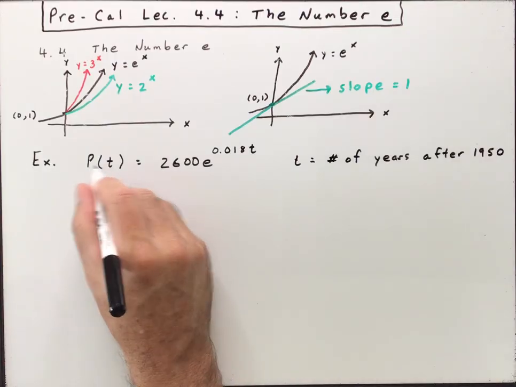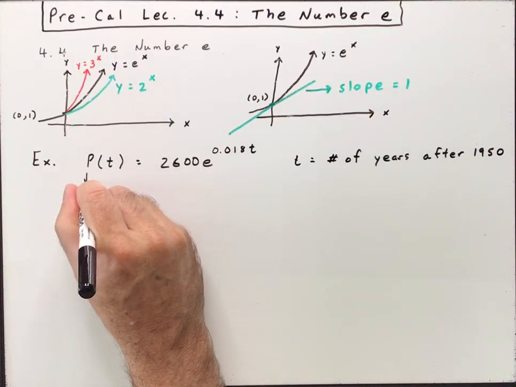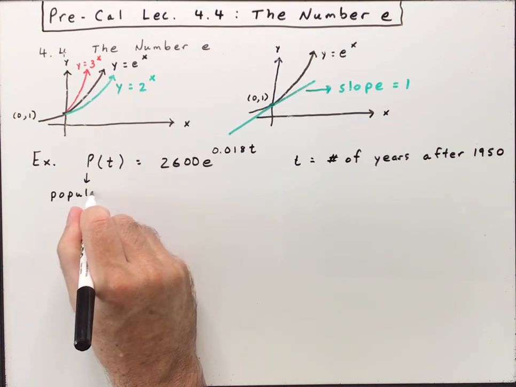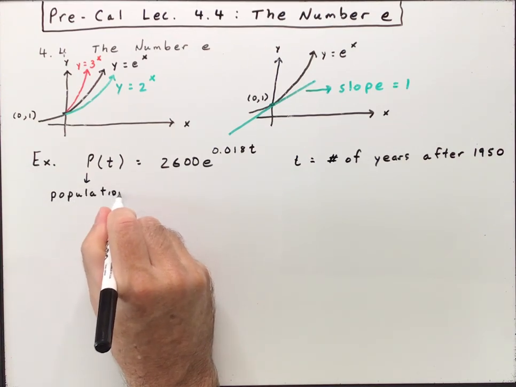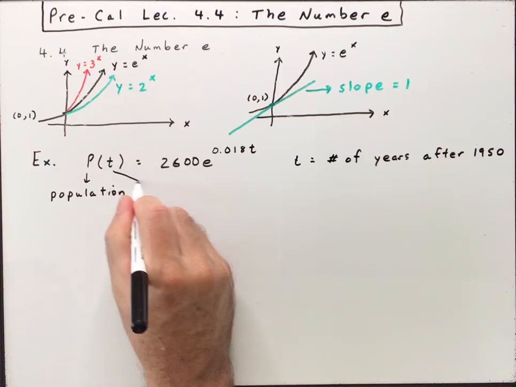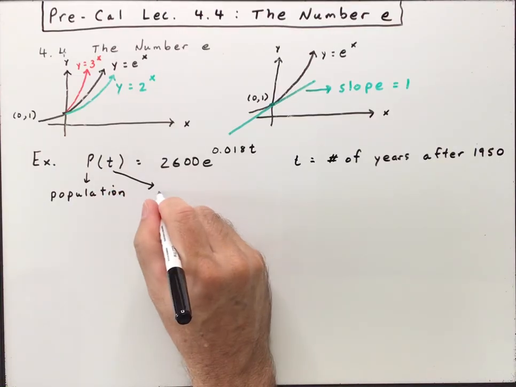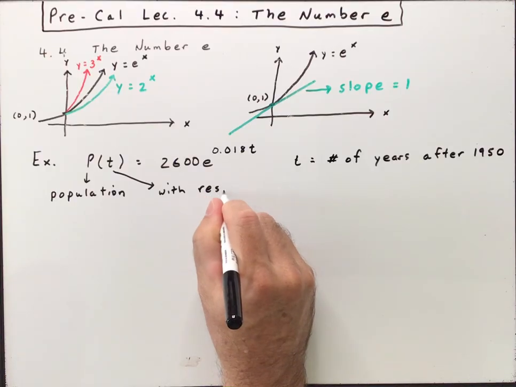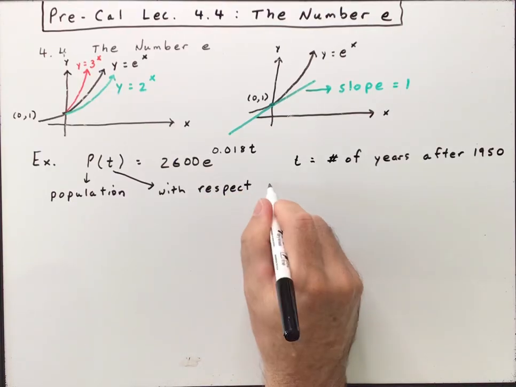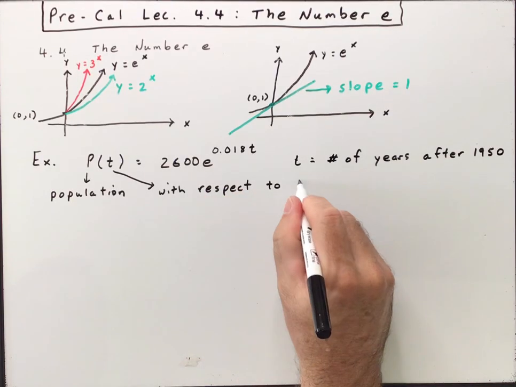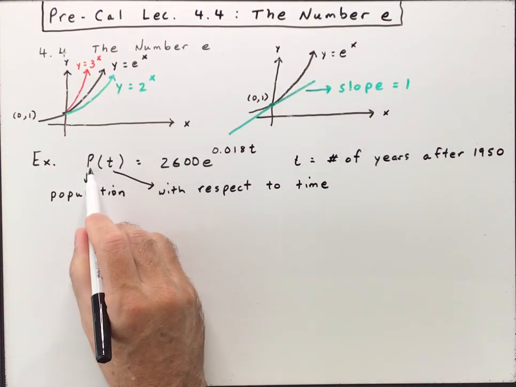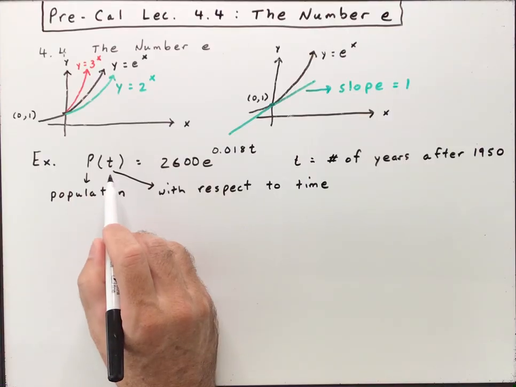Okay, so when you see P of t, think of this as population. So that's big P. And t stands for with respect to time. So population with respect to time.